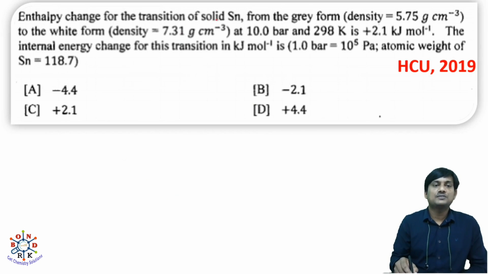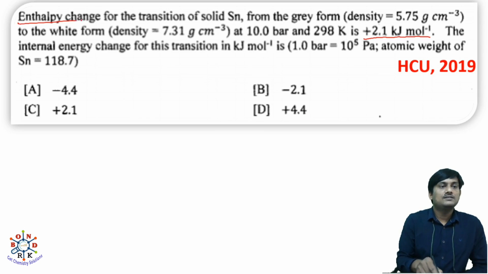Enthalpy change for the transition of solid tin from the gray form, the density is given, to the white form at 10 bar and 298 Kelvin is plus 2.1 kilojoule mole inverse. The internal energy change for the transition in kilojoule mole inverse. Okay, what is the relation between enthalpy change and internal energy change?